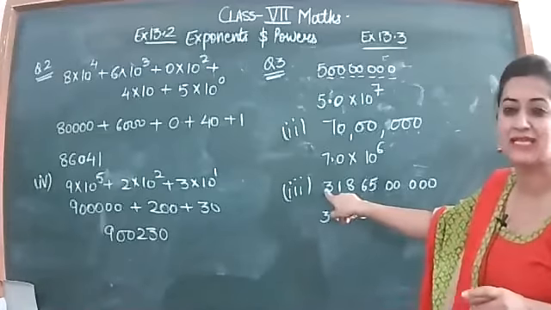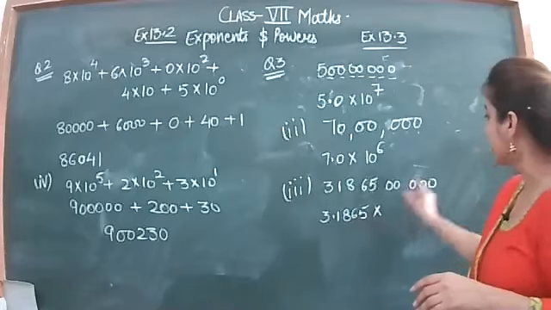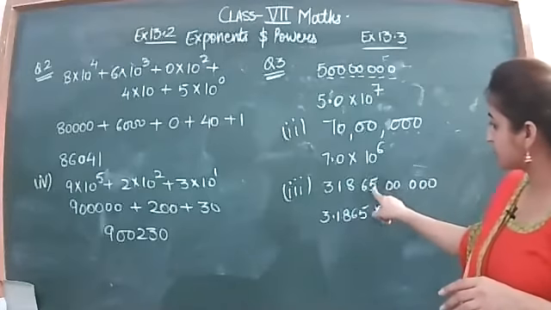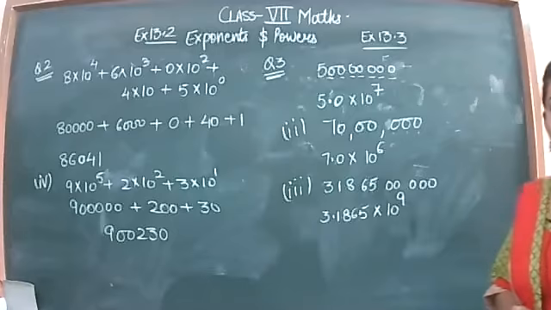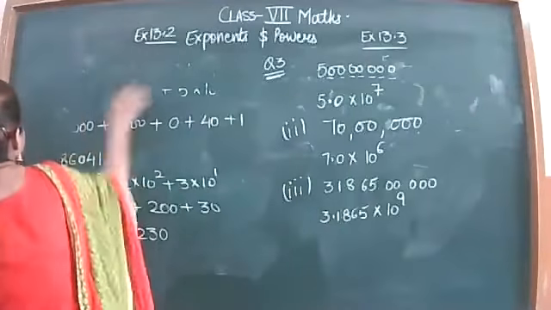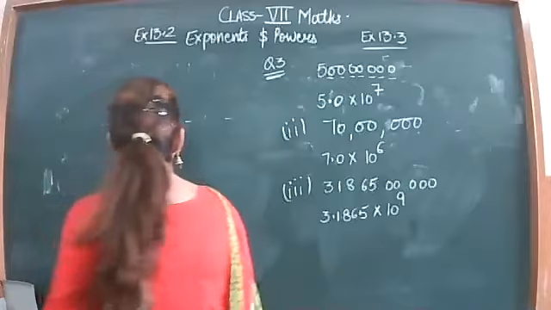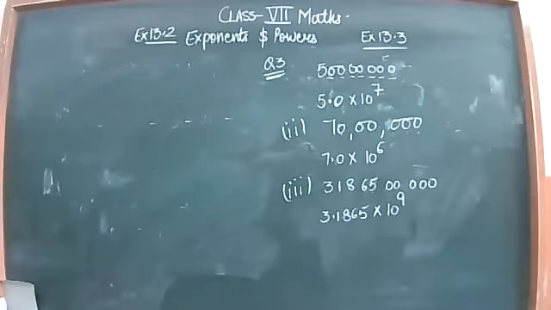But you have to put the decimal after the first digit. So it will be 3.1865 into 10 raised to power 9. Is it okay? This form is known as standard form, and the number that was given in the question is said to be in the usual form.